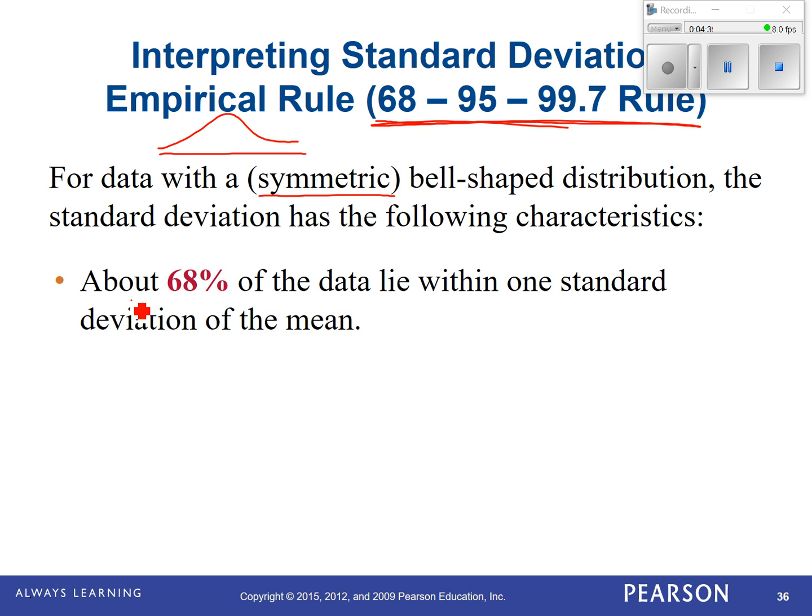So if we're looking at a graph, and this is our mean, and we add 1 standard deviation to it, or subtract 1 standard deviation, they're saying that 68% of the data should fall within that range. So a little more than 2/3 of the data should fall within that range of the mean.